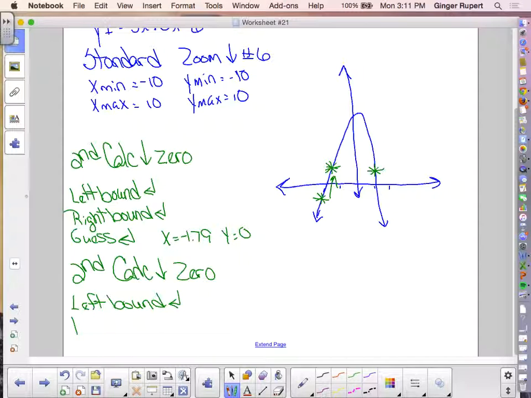It will ask you for a right bound. You'll hit enter and you'll slide the cursor down, hit enter there. It will again say guess. You should hit enter and it should give you the other side, which x is equal to 1.12, y is equal to 0.